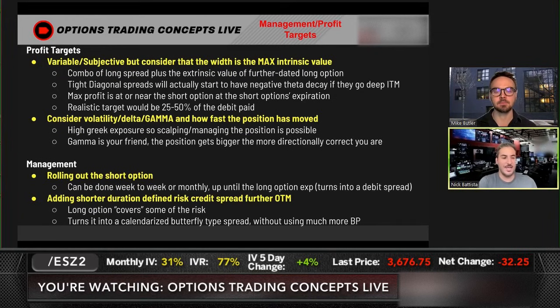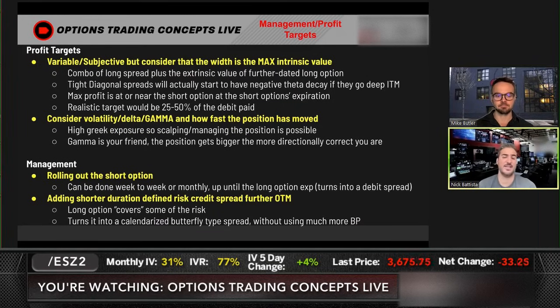We've talked about this setup as sort of a way to get long premium and long a call or long a put, but also have a sort of mulligan built into it, because you're giving up the tail profit potential in exchange for some positive decay in your favor and a potentially higher upside if you do get that inside move in your direction.